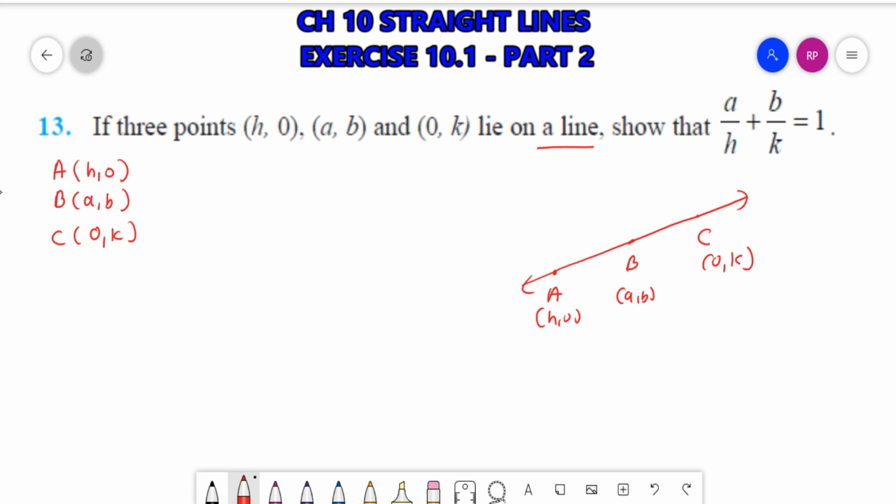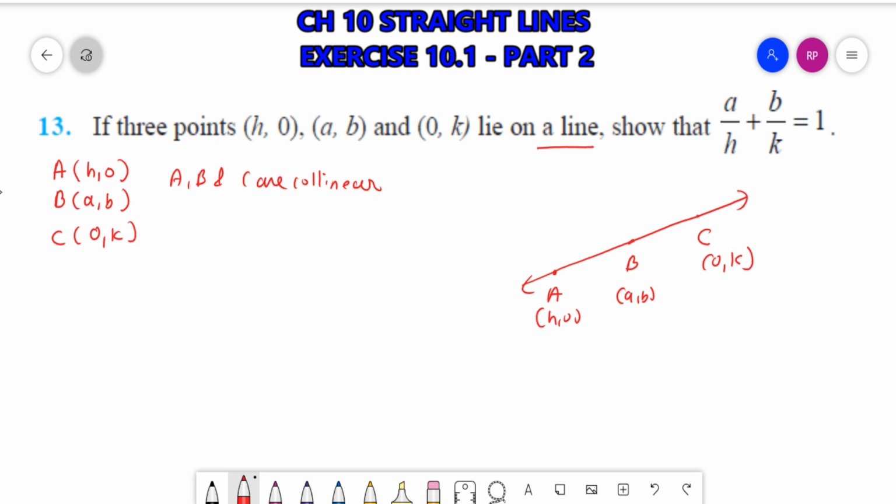Now we have to prove that a by h plus b by k is equal to 1. All these points are lying on the same line, means A, B and C are collinear. That means slope of AB will be equal to slope of BC will be equal to slope of AC.